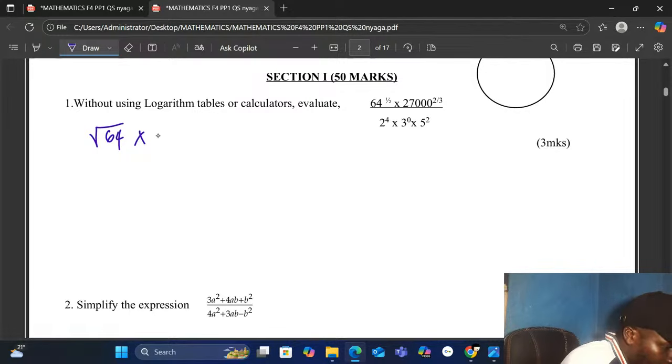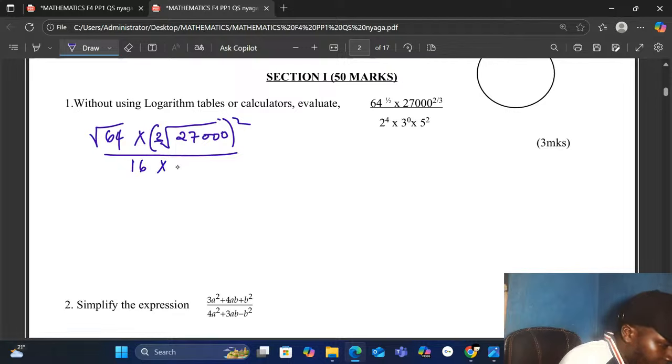That means we look for the cube root of 27,000, then we square. Then we divide by 2 power 4, which is 16. Now 3 power 0 is 1, and 5 power 2 is 25.